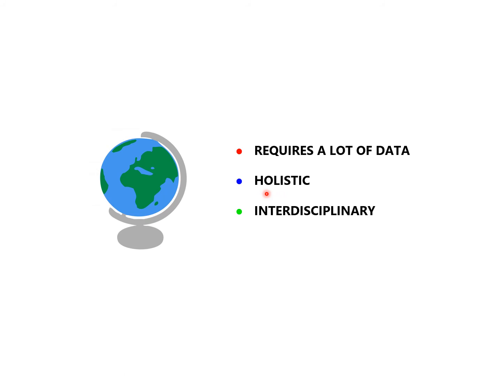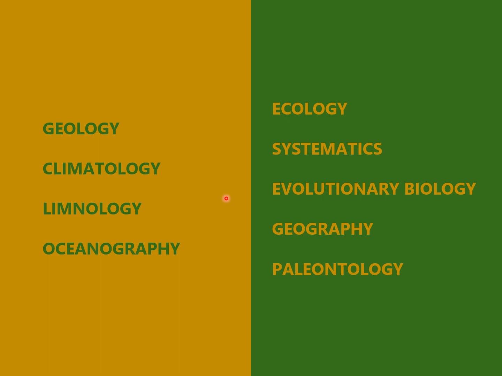Biogeography isn't really an entity in itself. It's sort of a combination of all these other fields in one. You can't just do biogeography. You're going to have to do different types of science at the same time, and this might be earth sciences.